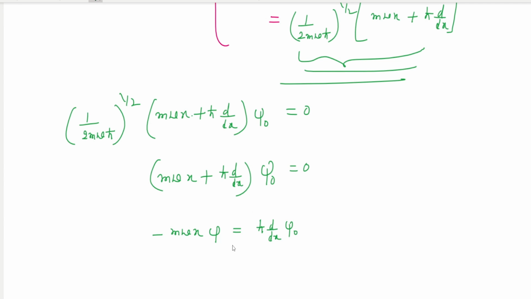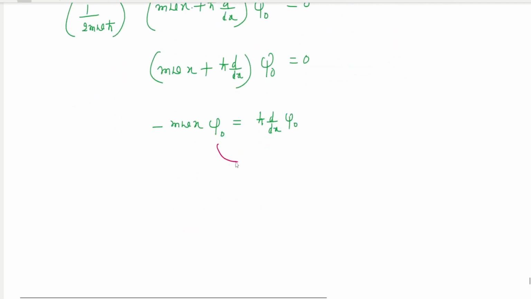Okay, no problem. So in this equation, I'm going to interchange this term here and this dx here. Only dx. Then we can get minus m omega x dx and h cross also.